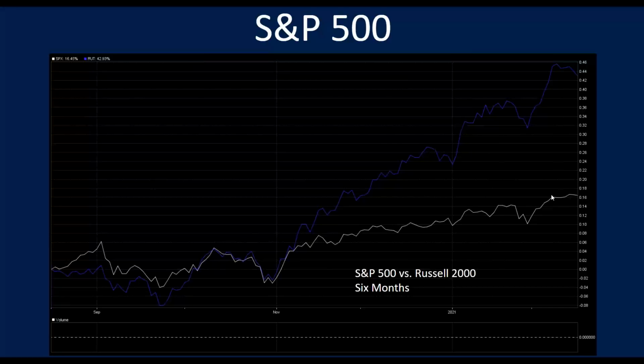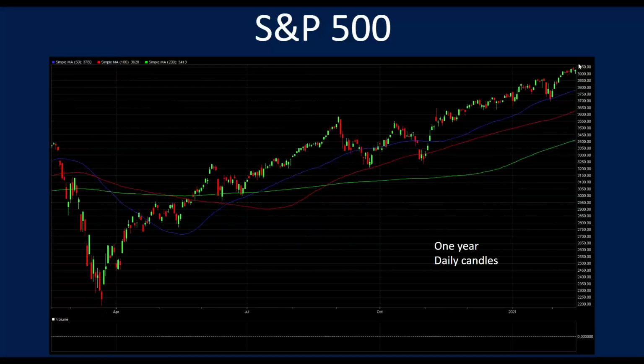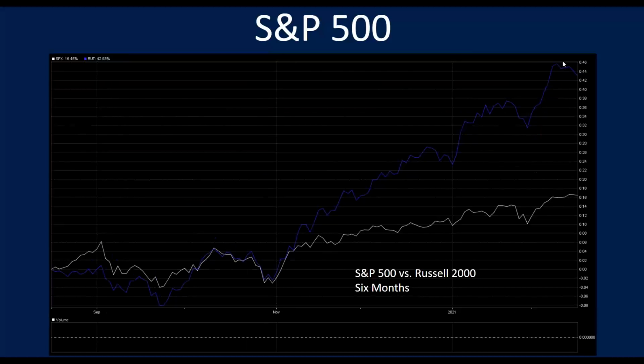But you see here, even if we go back to the S&P 500 chart, this isn't really a pullback. It's more of a rest, but the small caps have pulled back a little bit here, and that sort of thing is normal. Those small caps tend to be more volatile than the large caps, and especially if you do it at the index level, it tends to be a lot more volatile.